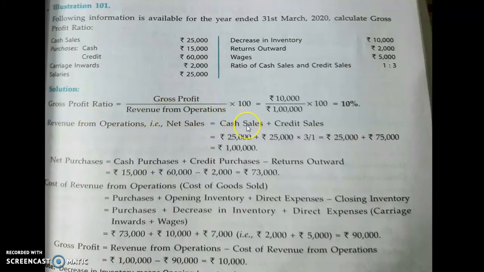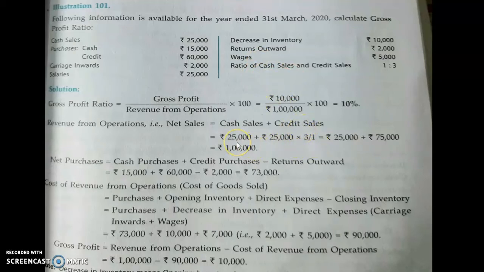What are the things you are required to calculate revenue from operation? Cash sales plus credit sales. You are given cash sales, and regarding credit sales, they have given you information that credit sale is 3 times cash sales.